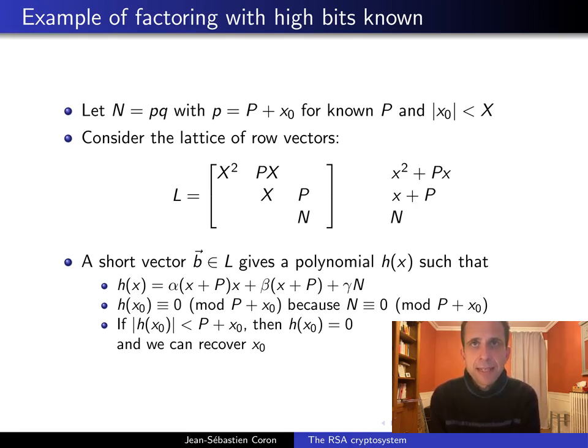As previously, since x0 is a root of these three polynomials, x0 must also be a root of h modulo x0 plus P. This is mainly because n is congruent to 0 modulo small p. And now, as previously, if the absolute value of h(x0) is less than P plus x0, then this equality must hold over the integers, and we can recover x0, which means that we are recovering the low order bits of p, and so we have recovered the prime factor p.